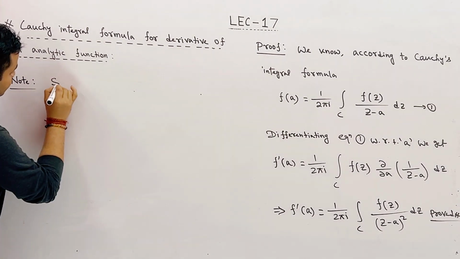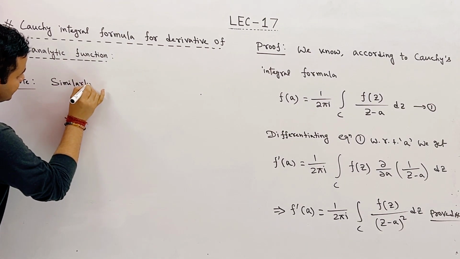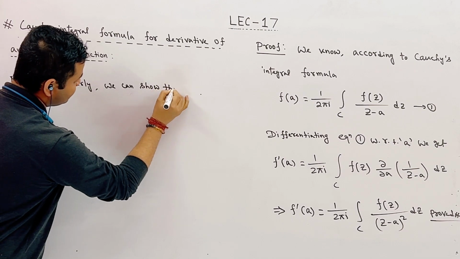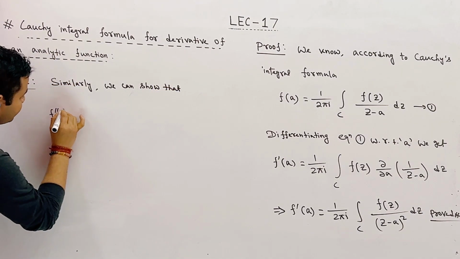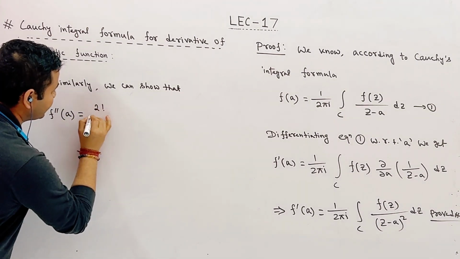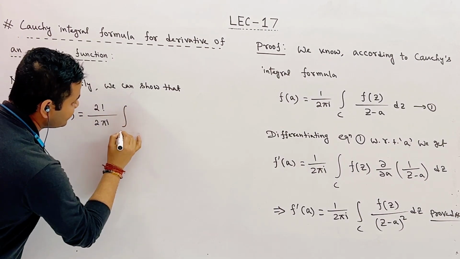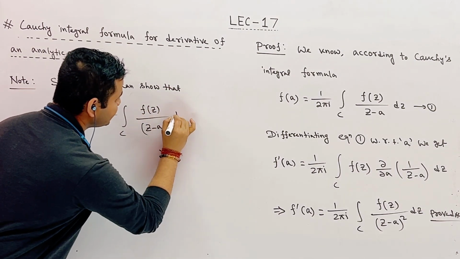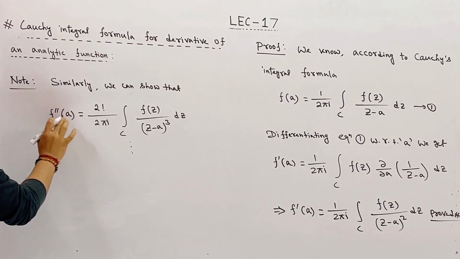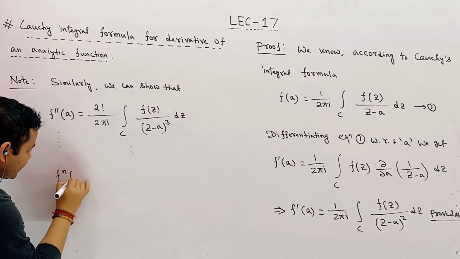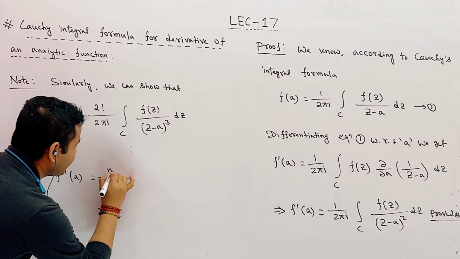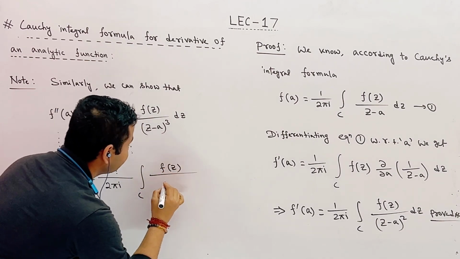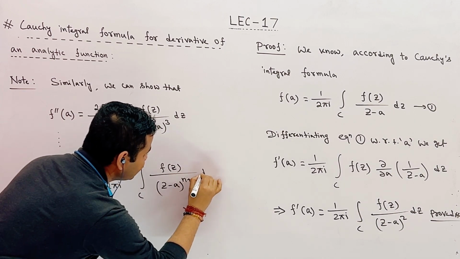Similarly, we can show that f double prime(a) is equal to 2 factorial divided by 2πi integration along curve C of f(z) divided by (z minus a) whole cube into dz, and the nth derivative of f at a, f to the power n(a), will be equal to n factorial divided by 2πi integration along curve C of f(z) divided by (z minus a) whole to the power n plus 1 dz.